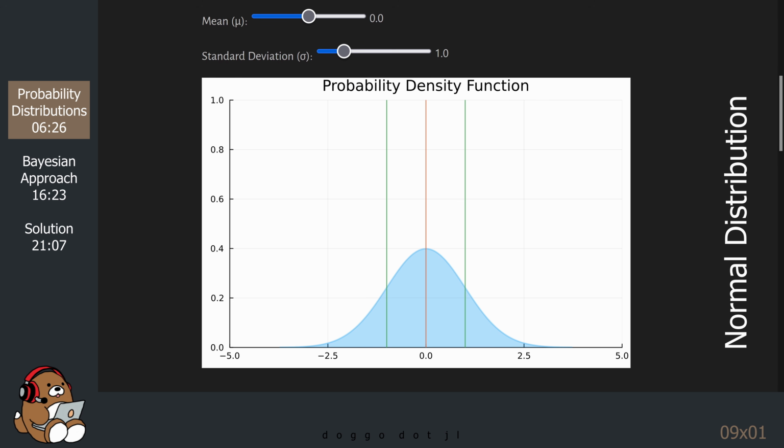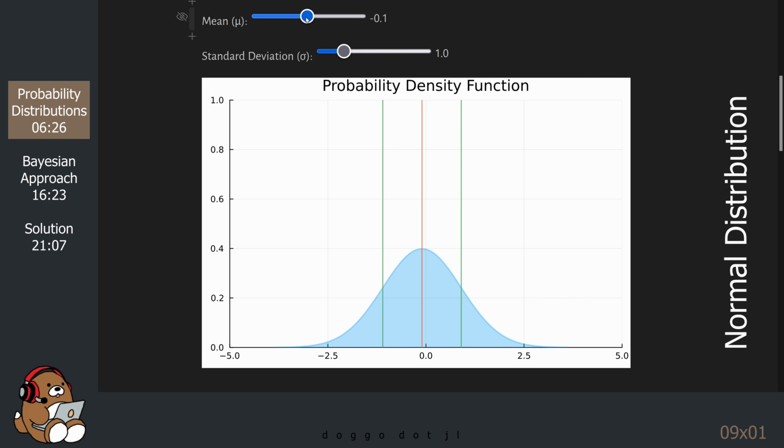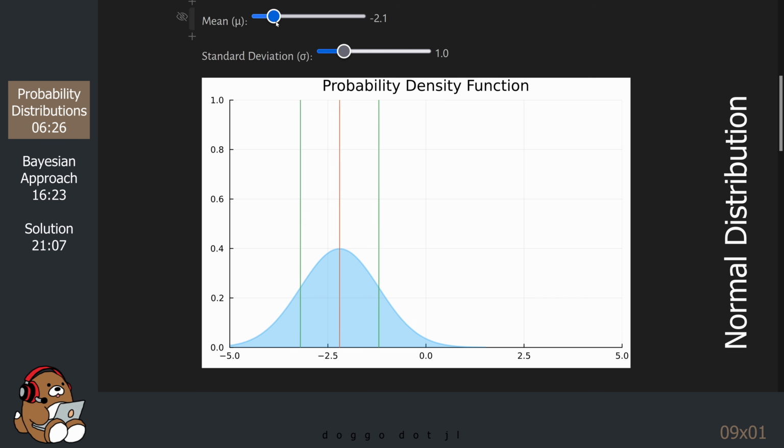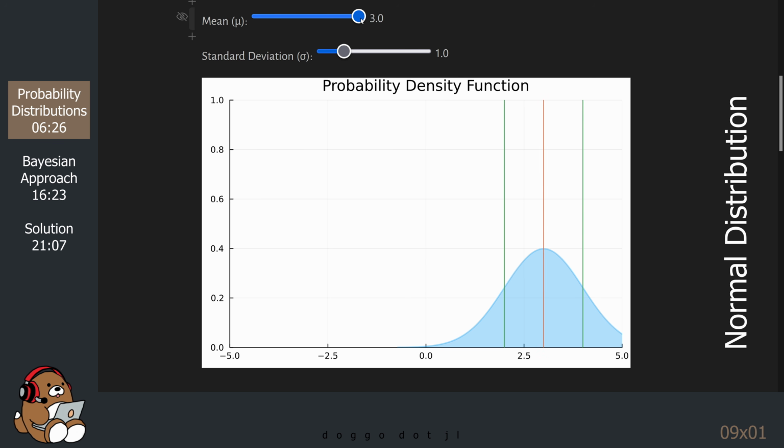This plot shows the PDF for a normal distribution with a mean of 0 and a standard deviation of 1. The area under the curve is equal to 1. If you change the value of the mean, the distribution curve simply shifts side to side.